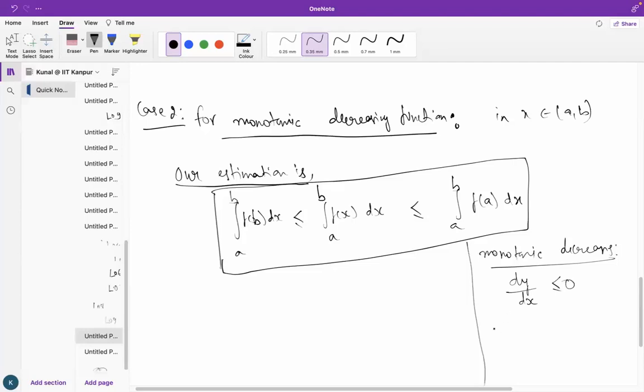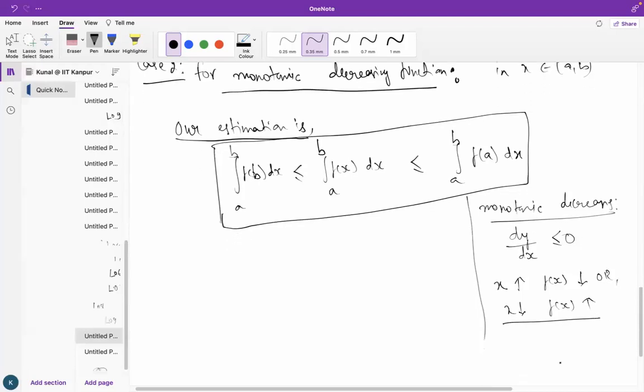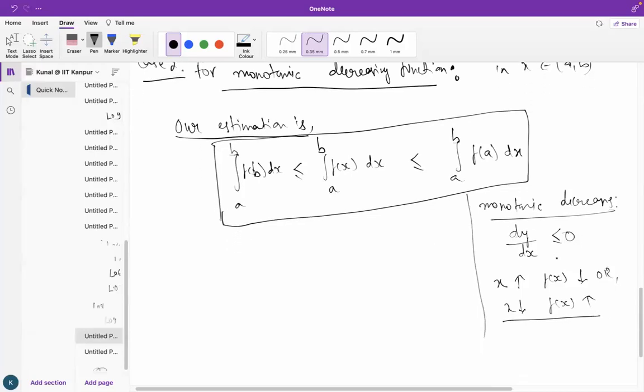That means if x increases, f(x) decreases, or if x decreases, f(x) increases. This is the definition of monotonic decreasing. I hope you all understand what I'm trying to say. Let me prove this here.